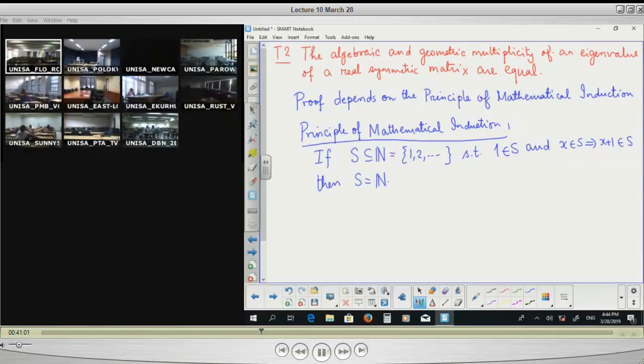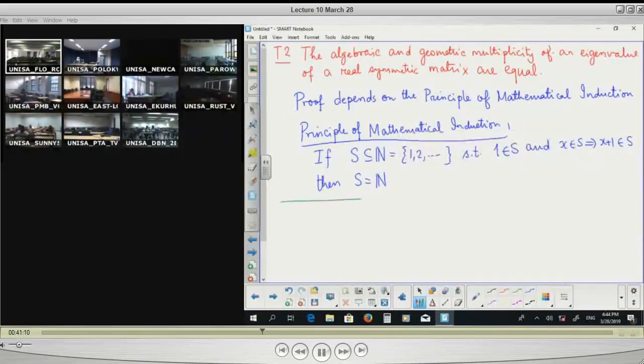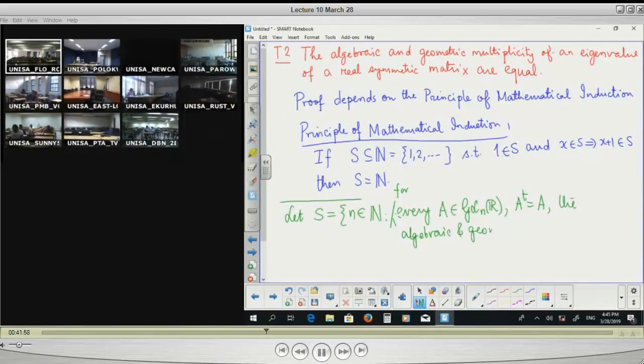So how do we use this? As I said, let S be the set of all n such that every square matrix of order n which is symmetric, I'm sorry, I should have said for every symmetric matrix, the algebraic and geometric multiplicities of an eigenvalue are the same.